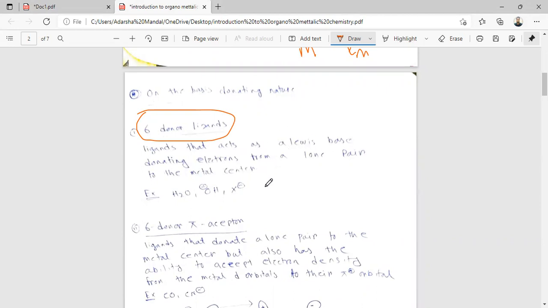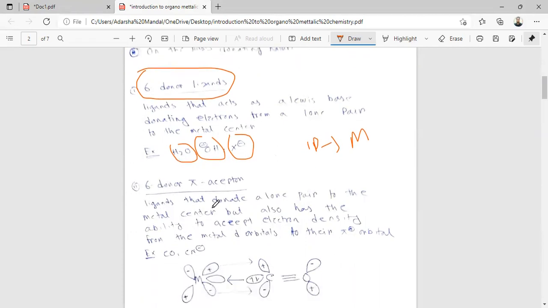That means the ligand donates its lone pair to the metal center. Examples are the water molecule, halide minus, or OH minus. They are all sigma donor ligands. They donate their lone pair in the HOMO to the metal center.